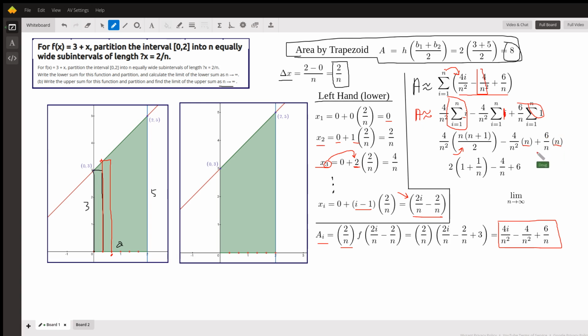Over here, these cancel out. One of these cancels out. And if I distribute this and picture canceling this 2 into this 4, I end up getting 2 times the quantity 1 plus 1 over n minus 4 over n plus 6. And you know what? I could have been carrying this symbol all the way along.